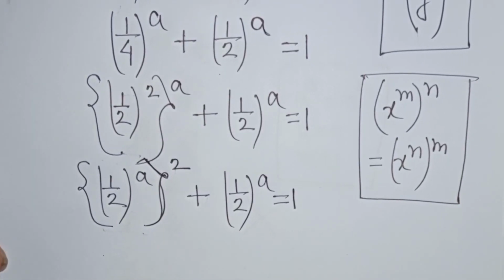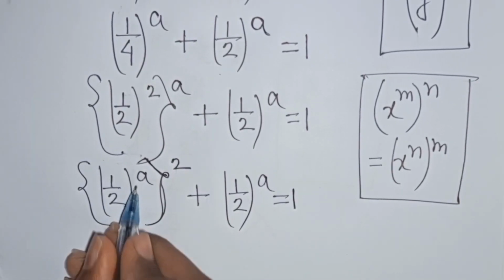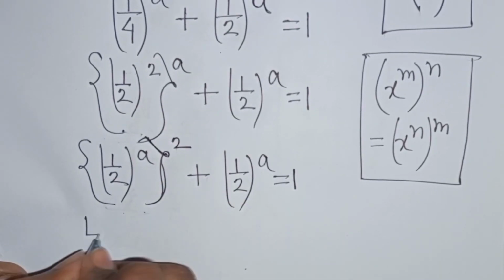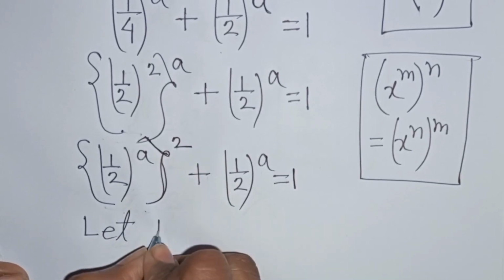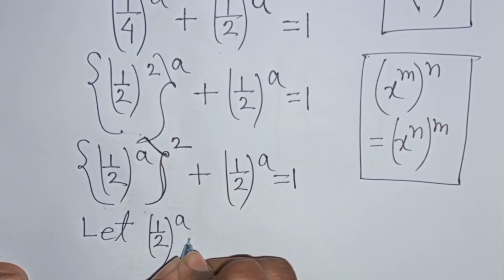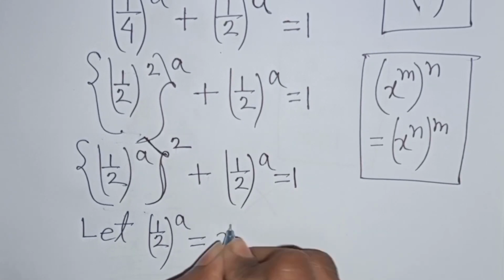Now we see 1 by 2 bracket power a, 1 by 2 bracket power a, both terms are the same. So let 1 by 2 bracket power a be substituted by x.